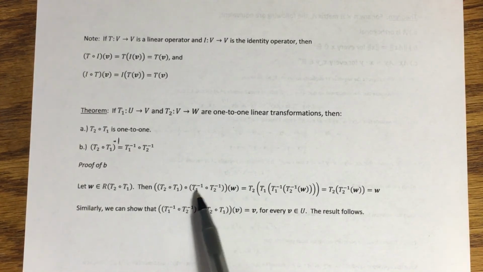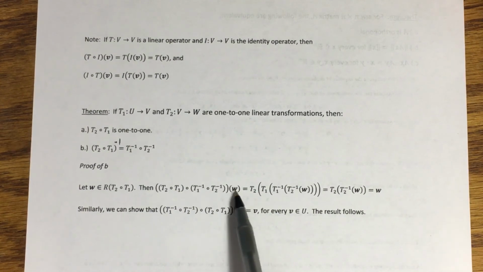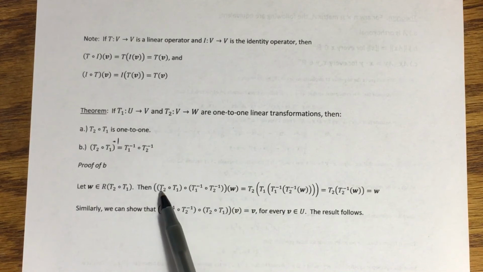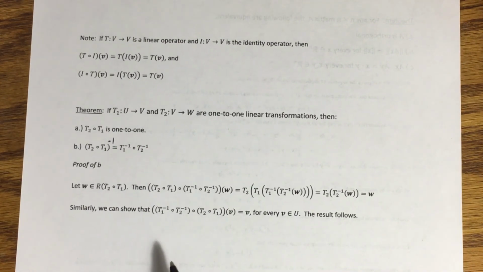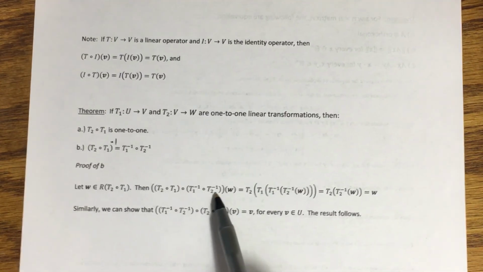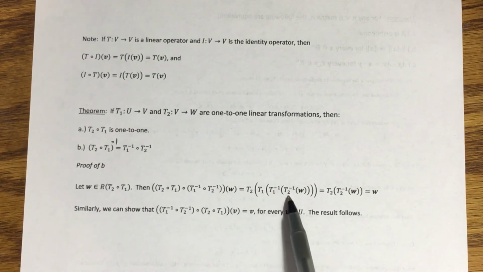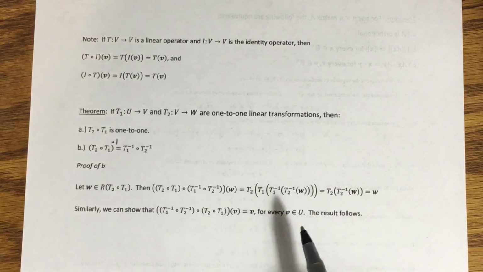Well, remember, in order to deal with a composition of two functions, I plug my input into this first function that produces an output, which is then plugged into the second function. But the first and second functions are themselves compositions of functions. So another way of saying that is that this big thing right here is the same thing as T2 of T1 of T1 inverse of T2 inverse of W. It's like this nested composition of functions here.